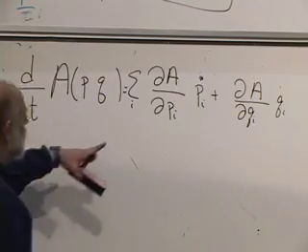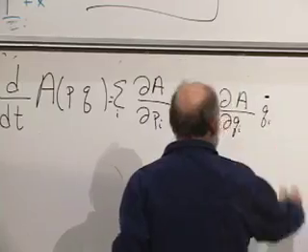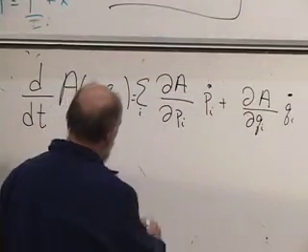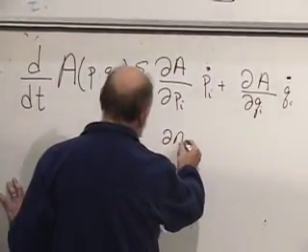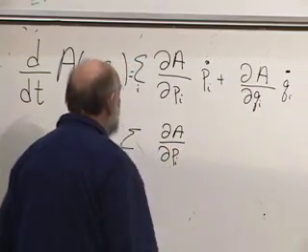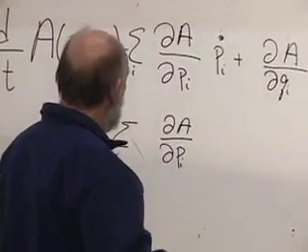But now let's substitute in for P_i dot and Q_i dot their value in terms of the Hamiltonian. So this is the sum on i, derivative of A with respect to P_i. What's P_i dot? Again, sign. I can never remember the sign. It's minus, right?